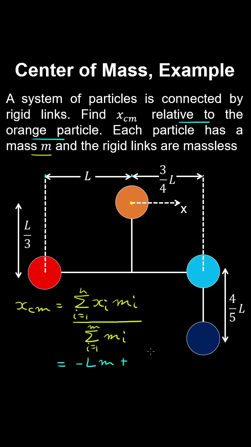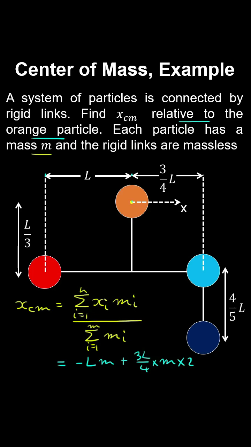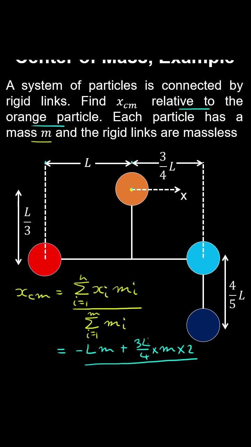We do the same thing to the other particles, and we multiply by 2 because we have 2 blue particles at the same distance from the orange particle. And the distance to the orange particle is obviously 0, so we ignore it. Now in the denominator, we have 4 masses, so the total mass is 4m. And I'll leave it for you to simplify this and post your answer in the comments.